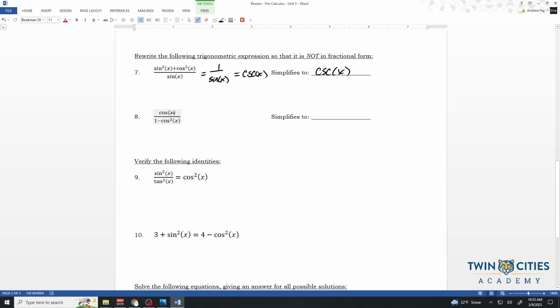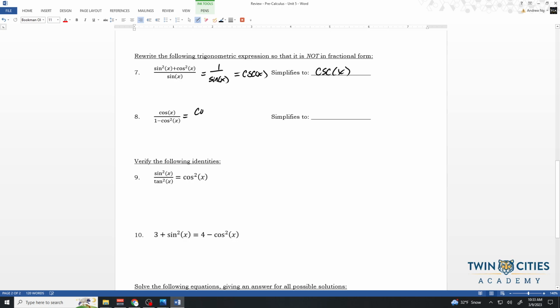All right, this one, cosine over 1 minus cosine squared of x. If I use my Pythagorean identity and I subtract cosine squared from both sides, I would find that this is sine squared.